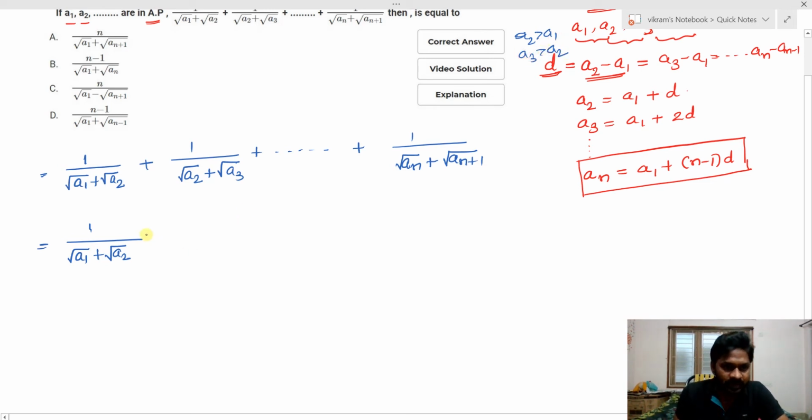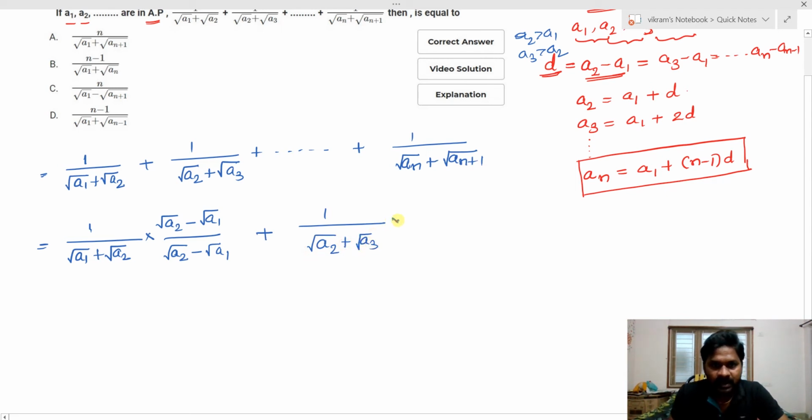So we rationalize the first term with square root a2 minus square root a1 by square root a2 minus square root a1. The next term, 1 by square root a2 plus square root a3, we rationalize with square root a3 minus square root a2 by square root a3 minus square root a2, and so on.